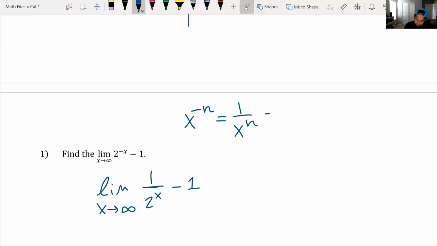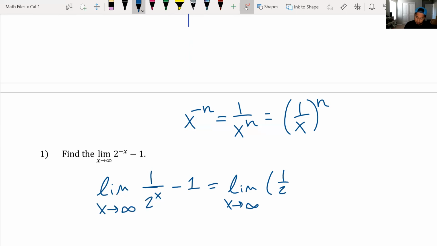I can make this into parentheses 1 over x to the n. So that is another way to rewrite that expression, which means I can have the limit as x approaches infinity of 1/2 raised to the x minus 1.